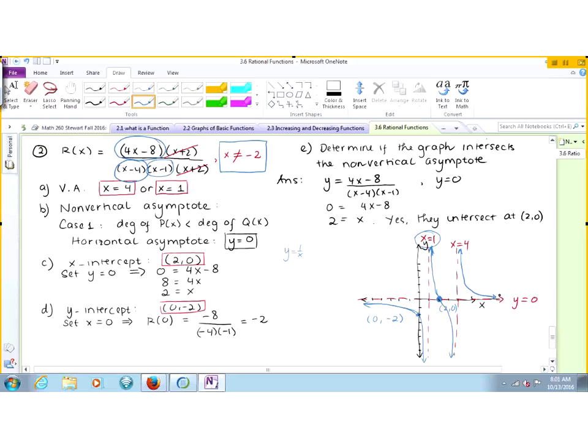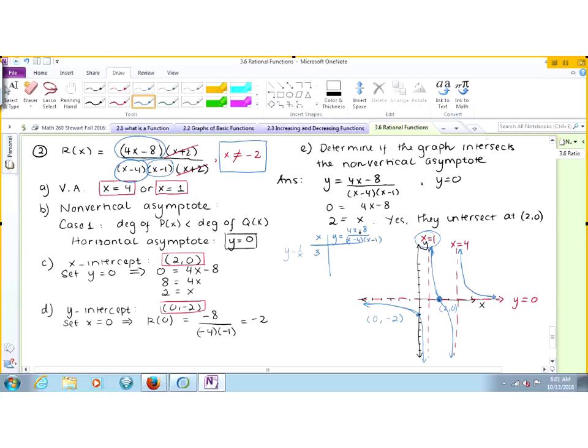So for example, what happens when x is equal to 3, when x is equal to 5, etc., to confirm. Actually, you don't need to, but you can if you want to. You can have your own table and then say y is equal to (4x minus 8) divided by (x minus 4)(x minus 1). So you can plug in some numbers.